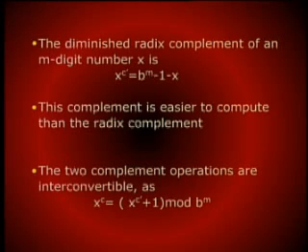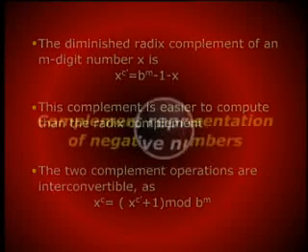The two complement operations are interconvertible: xc equals xc prime plus 1, modulo b raised to power m. You are quite familiar with 2's and 1's complement, and if to the 1's complement you just add 1, it would become 2's complement, and vice versa.